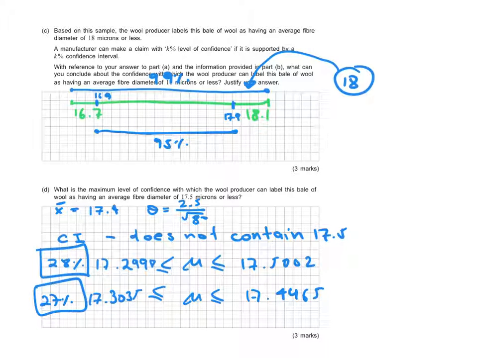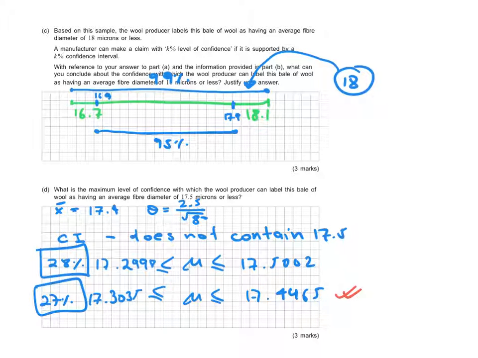But looking at this more precisely, we can see that 28% still contains 17.5, whereas 27% doesn't contain 17.5. So therefore, we're going to choose the 27% confidence interval.